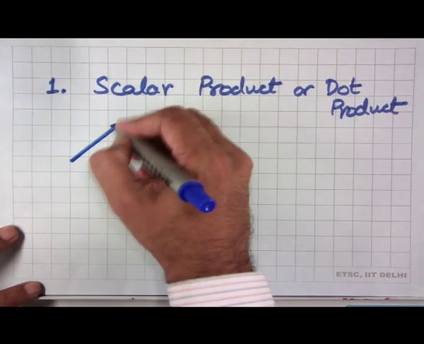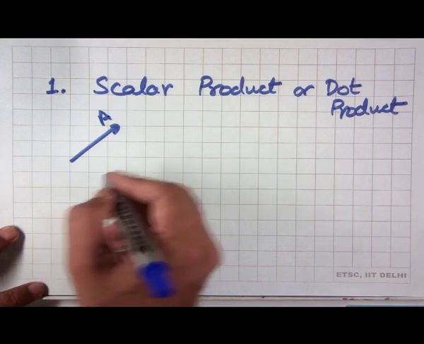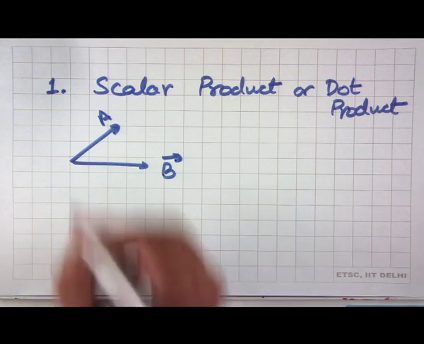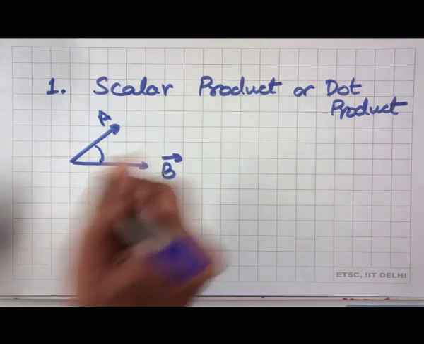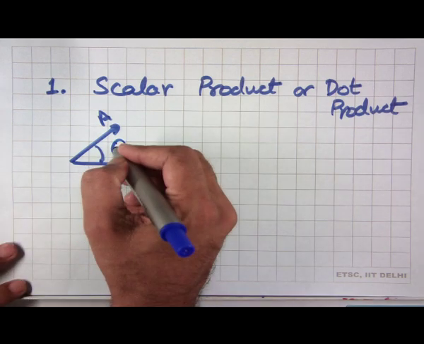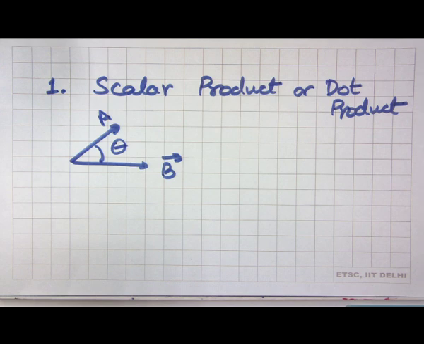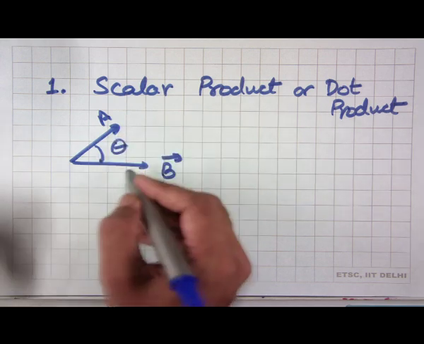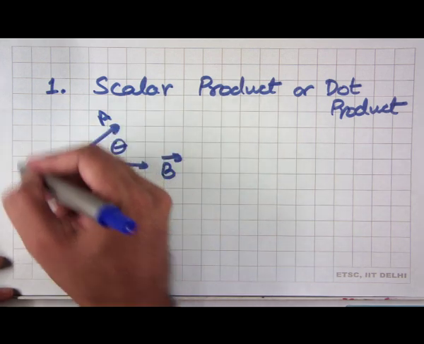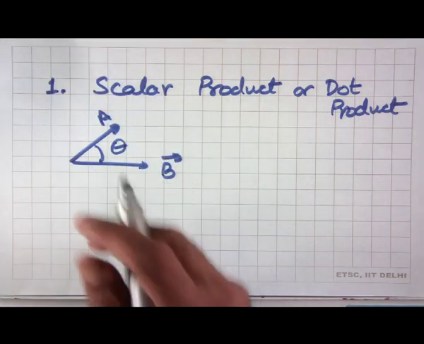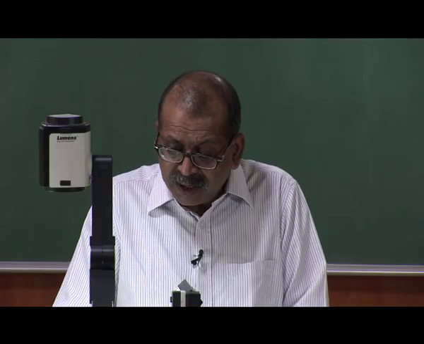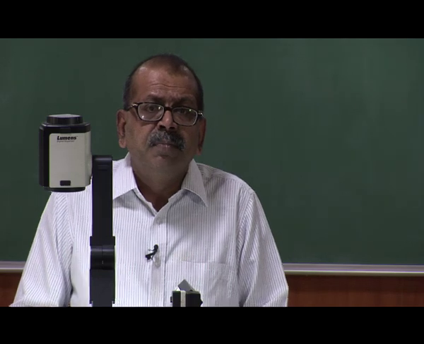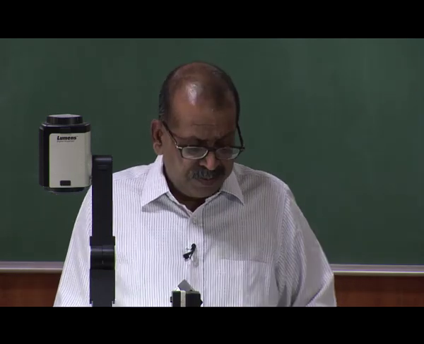So, we have two vectors, a vector A and a vector B, and let us say when we place the two vectors with their tails together, the angle between them is theta, and this angle is the smaller of the two angles, because for the angle between A and B, somebody could also look at the reflex angle which is formed between A and B, but we look at the smaller of the angles. So, therefore, this angle theta will be between 0 and 180 degrees.